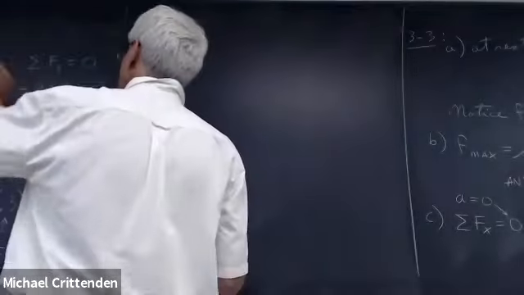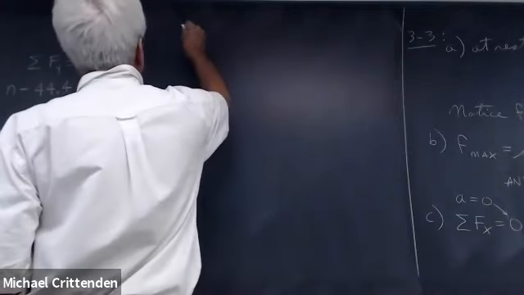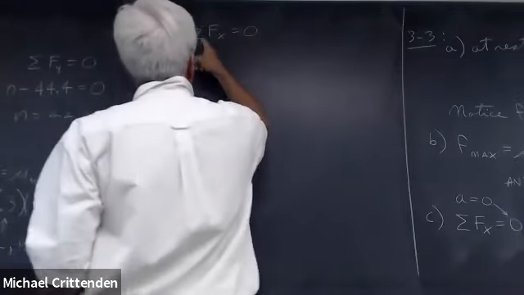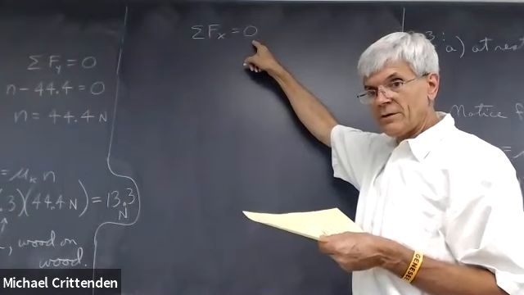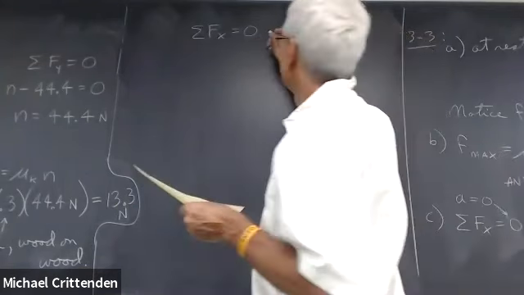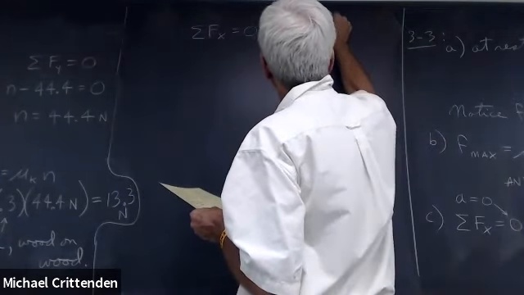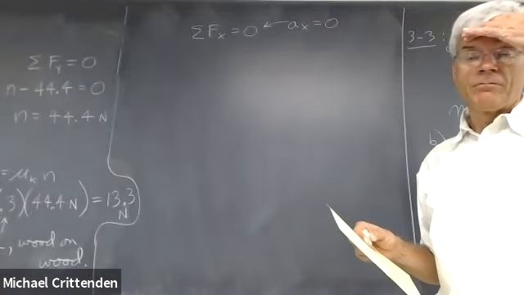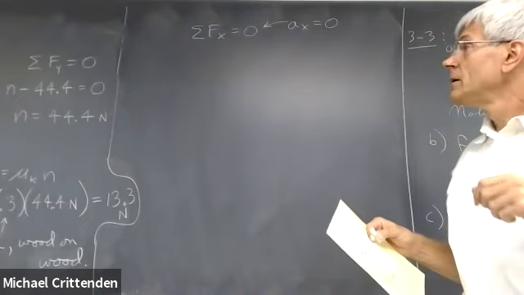But if uphill is positive, then, well, first of all, the x forces also add up to 0 because it's a constant speed. Yeah, it's moving along the x-axis, but it's not gaining speed, it's not losing speed.